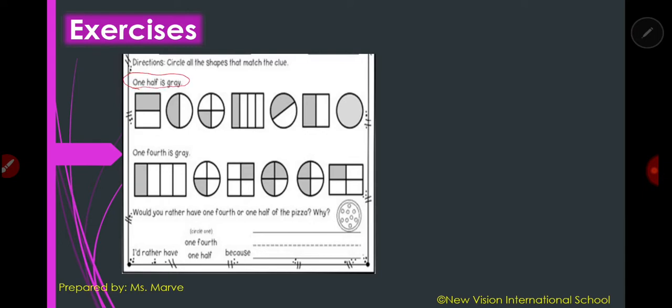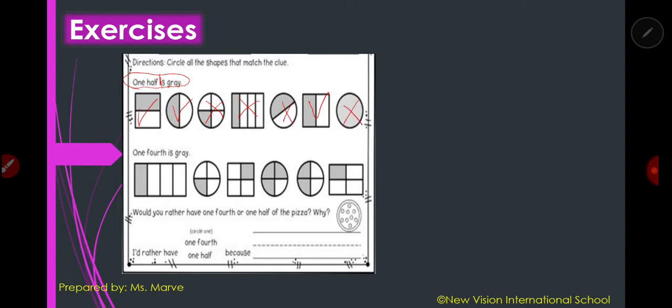Which of these shapes are divided into one half? Okay, so this one you can put check. You can put check. Wrong, wrong. Check. The circle is not being divided this way, so it's wrong.